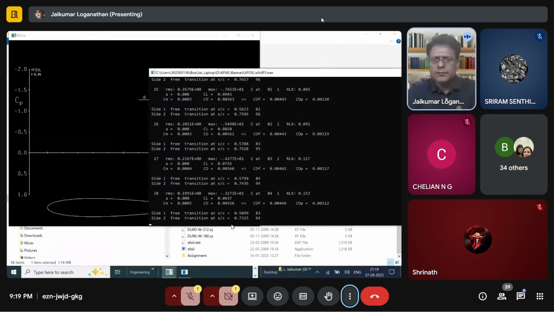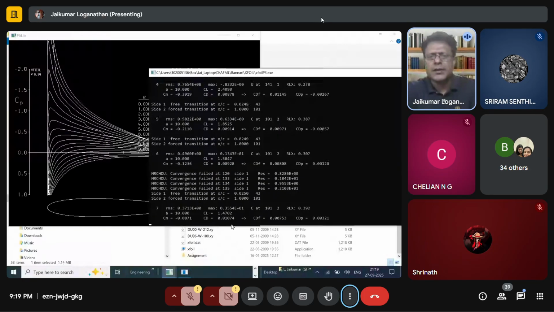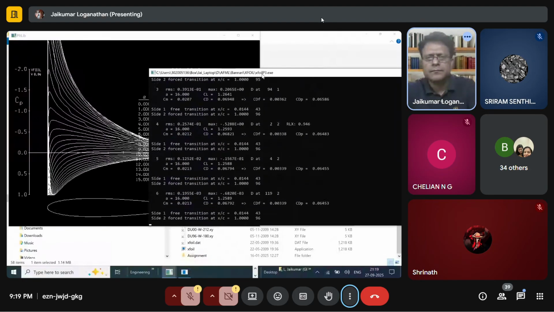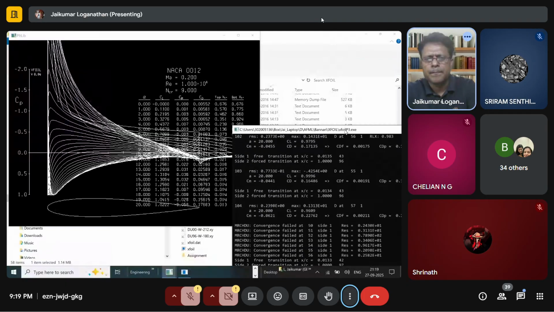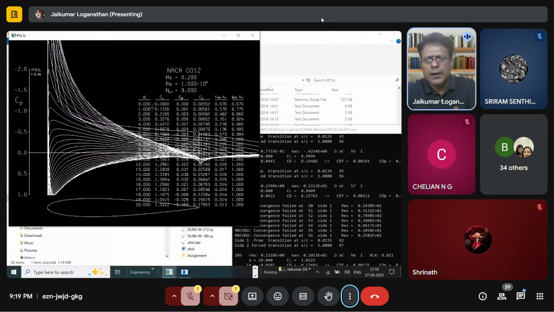And you do that. You can see here it has created the alpha, CL, CM, CD. This is the transition location. This we will cover later. Okay. Don't worry about this at this point, which is a turbulence parameter.